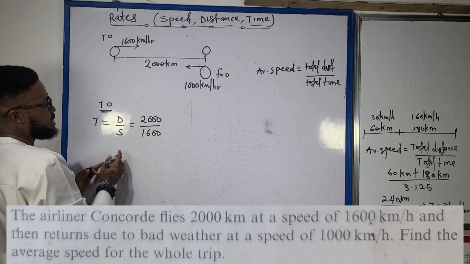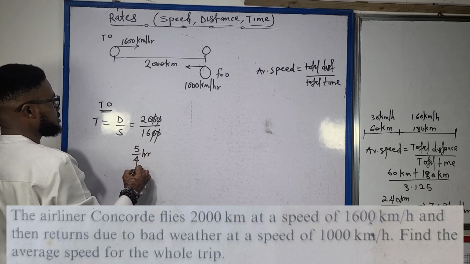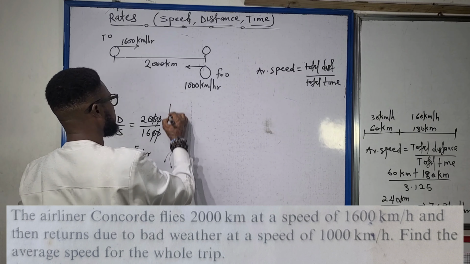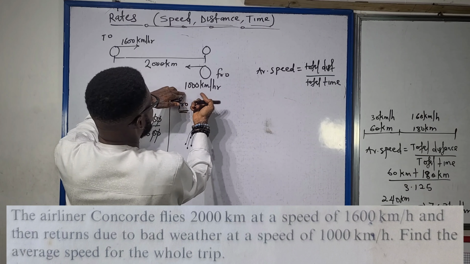That is how I'm going to get my timing, and this gives me 5/4 hour. For the fro movement, returning, you're looking at 1,000 kilometers per hour. That is the speed. Of course, it is going to cover the same distance just as it had gone. It's going to return covering 2,000 kilometers. So your timing here, using distance over speed, is going to be 2,000 kilometers divided by 1,000 kilometers per hour. So I have 2 hours here.